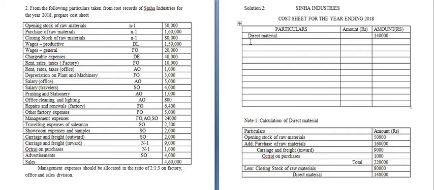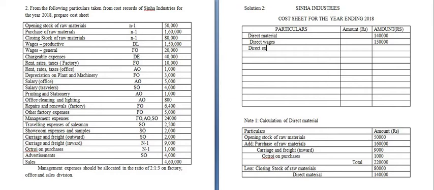Next comes direct wages, or direct labor. Here they have given wages productive, fourth point, that is direct labor we have written here. That amount has to be taken in the amount column. Amount is 1,50,000.